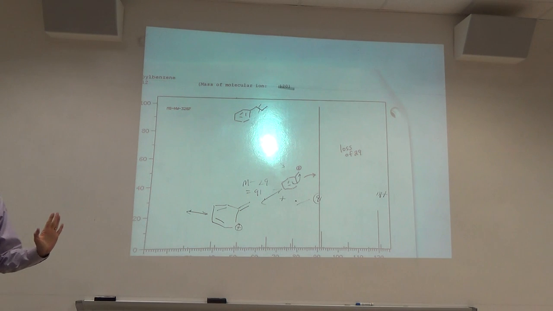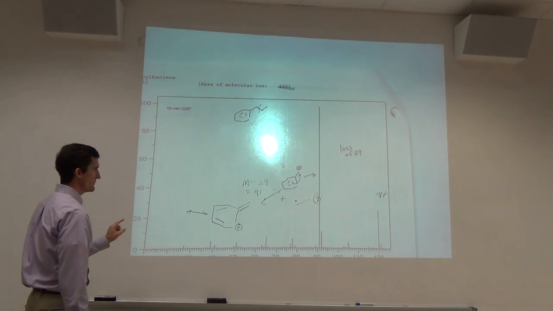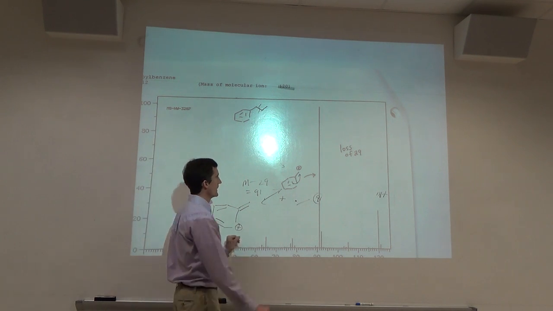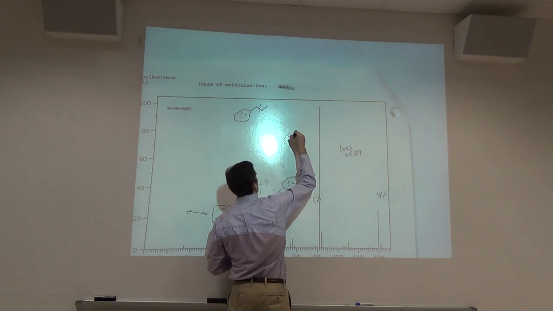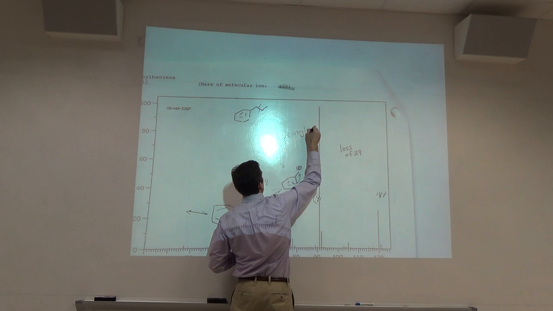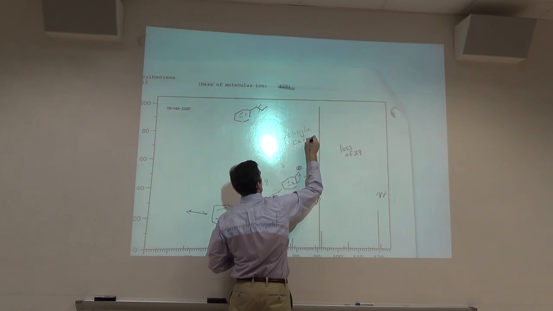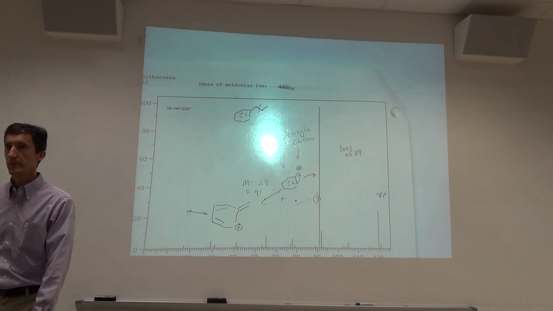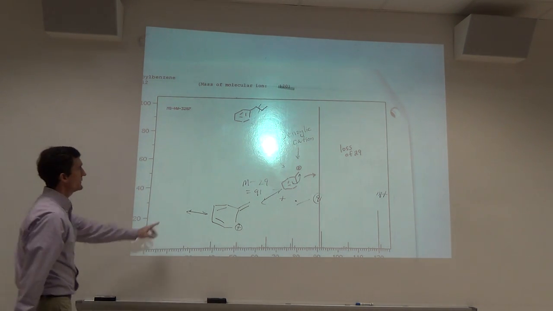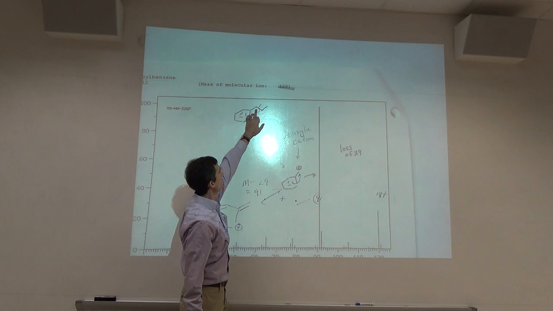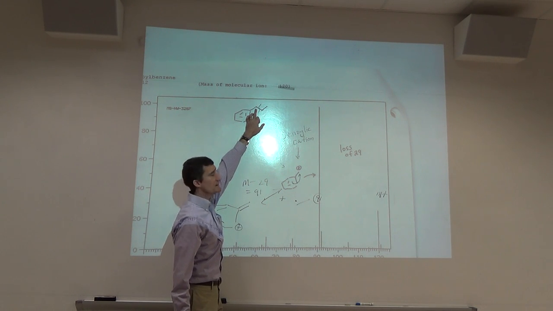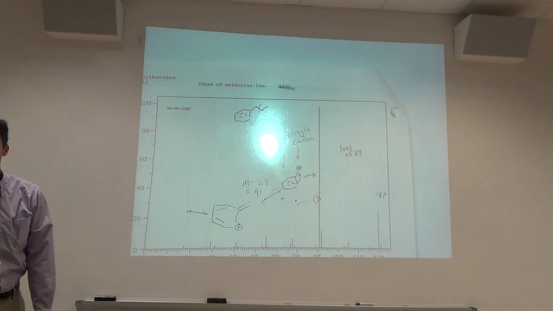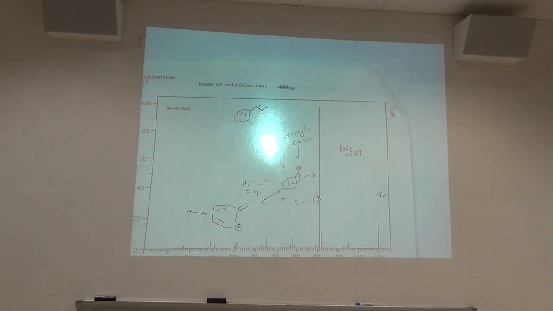This type of cation that's stabilized by the benzene ring is called a benzylic cation. A carbon coming off a benzene ring like that, typically sp3, is called a benzylic carbon, or the benzylic position.